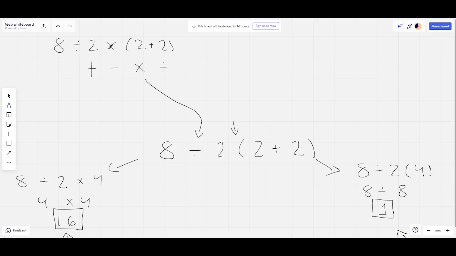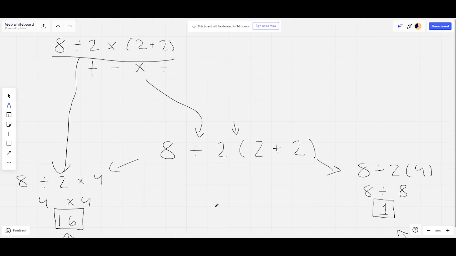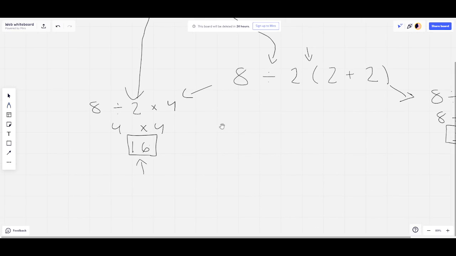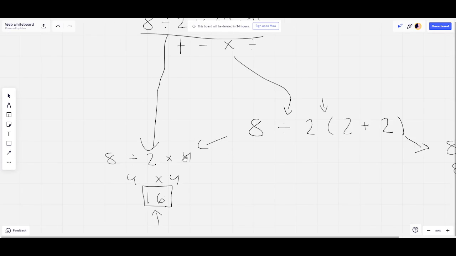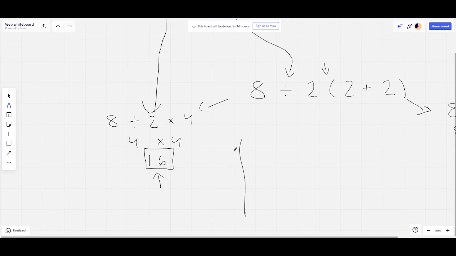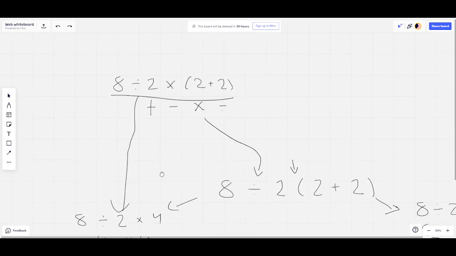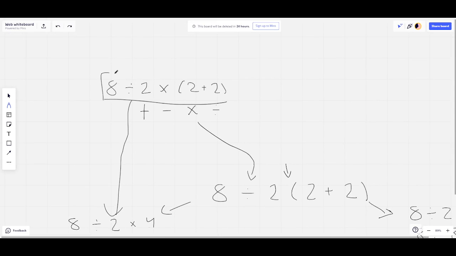You're going to use this x multiplication symbol. And so this problem very clearly would be solved like this. There is no ambiguity on how to treat the multiplication like there is when it's written like this, and therefore 16 is the only correct answer if the problem is originally written like this.